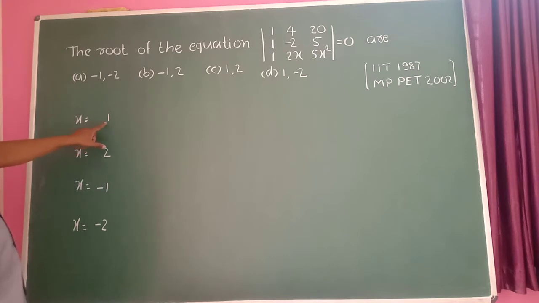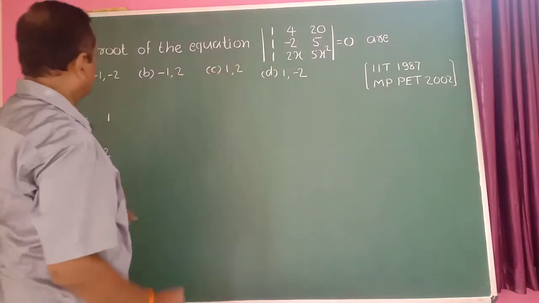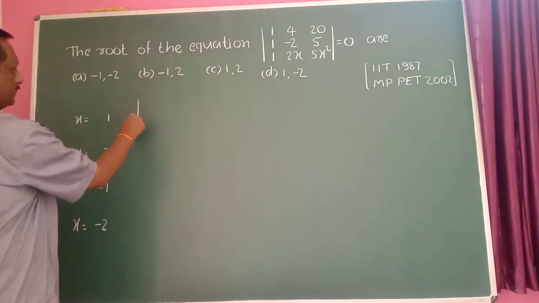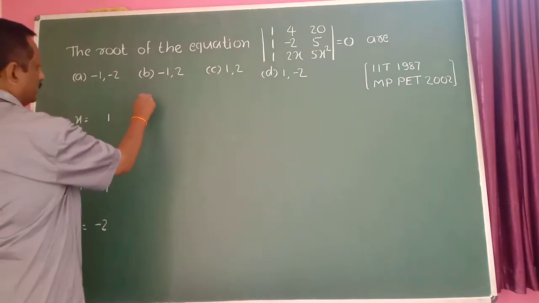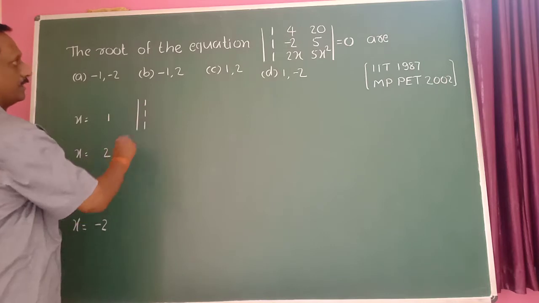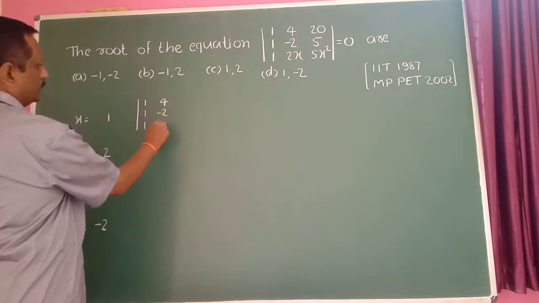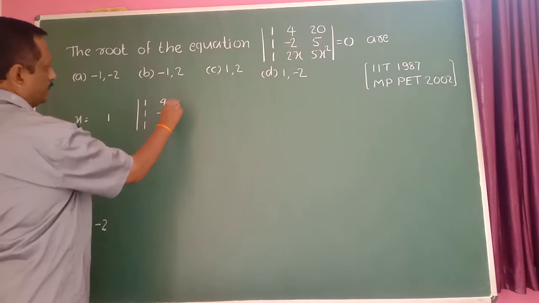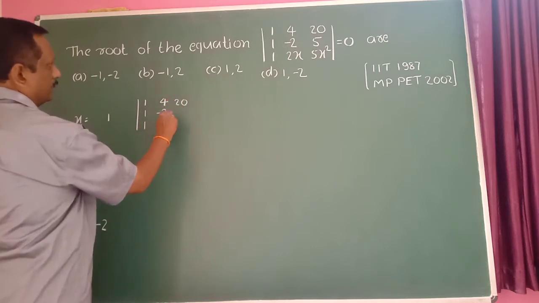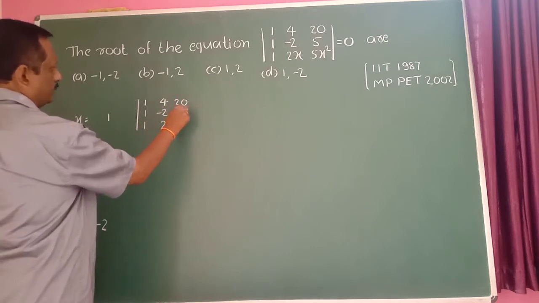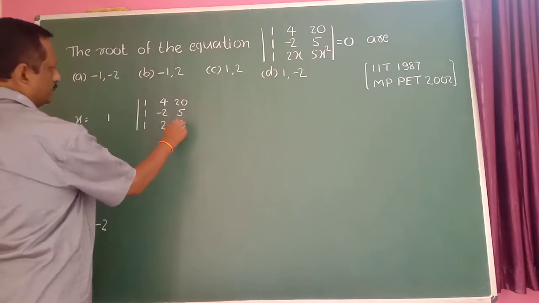First take x is equal to 1 and substitute in the determinant. Here in this case it is 1 and 1. Then 4 minus 2, 2 ones are 2. Then 20, then 5 and x is 1, so it is a 5.